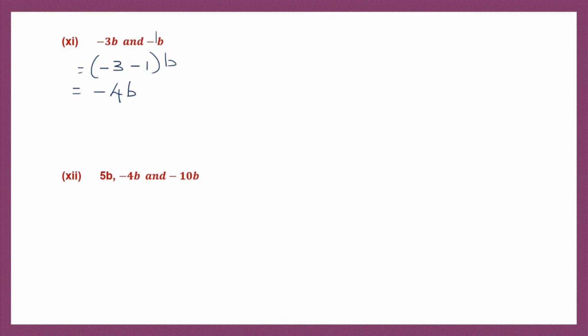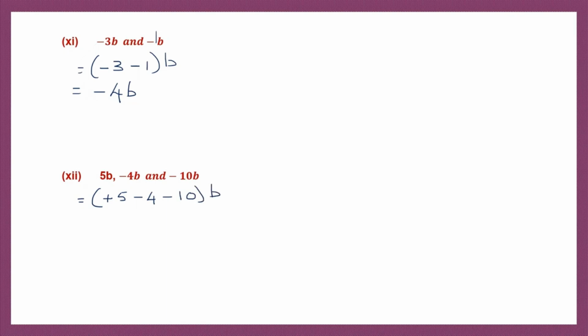Question 12. 5b minus 4b and minus 10b. Again, they're all like terms. We can put them all together. So let me give this a sign. Plus 5 minus 4 minus 10b. Okay. Now when signs are the same, we can put the same sign and add, isn't it?